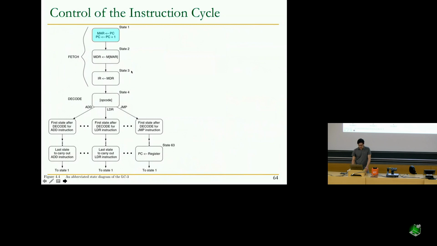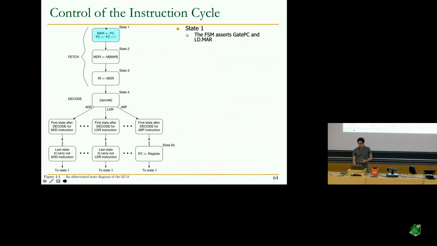Let's start with state 1. What is the very first thing that we are going to do in the fetch phase? The first thing we want to do in the fetch phase is accessing memory to read the instruction, right? So what we have to do is moving the program counter to the memory address register.